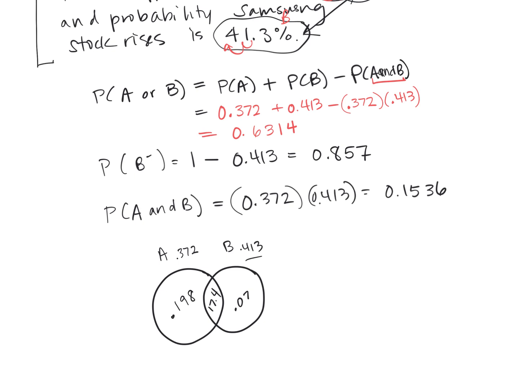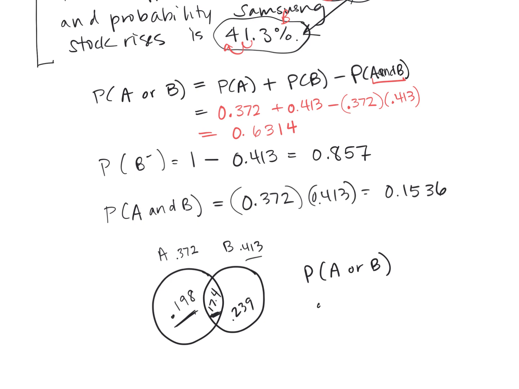If we subtract 0.413 minus that intersection, 0.413 minus 0.174, we get 0.07. That's not right, that's too small. So doing 0.413 minus 0.174 gets us 0.239. To answer the probability that event A or B occurs, we can't double count the intersection because they are dependent.